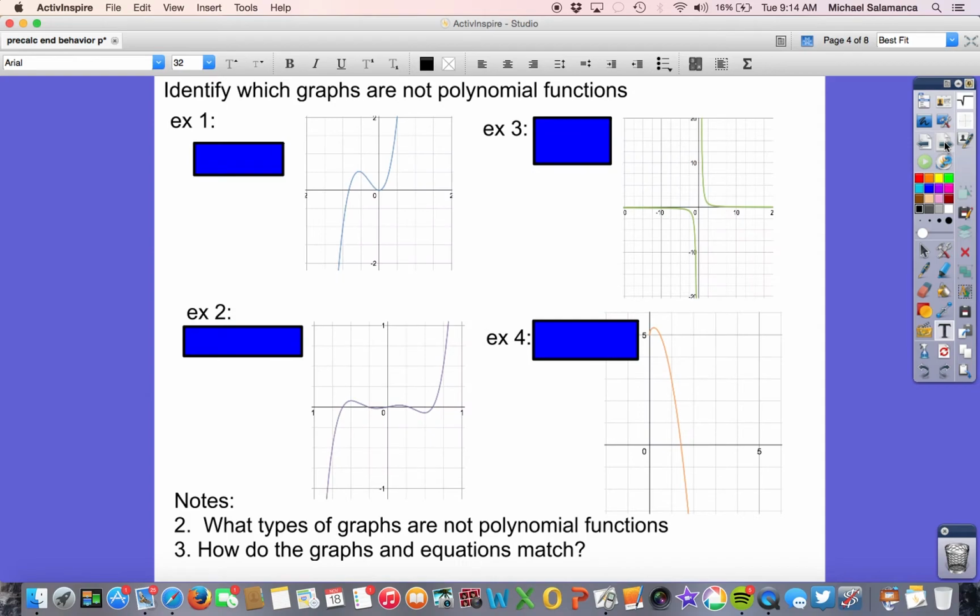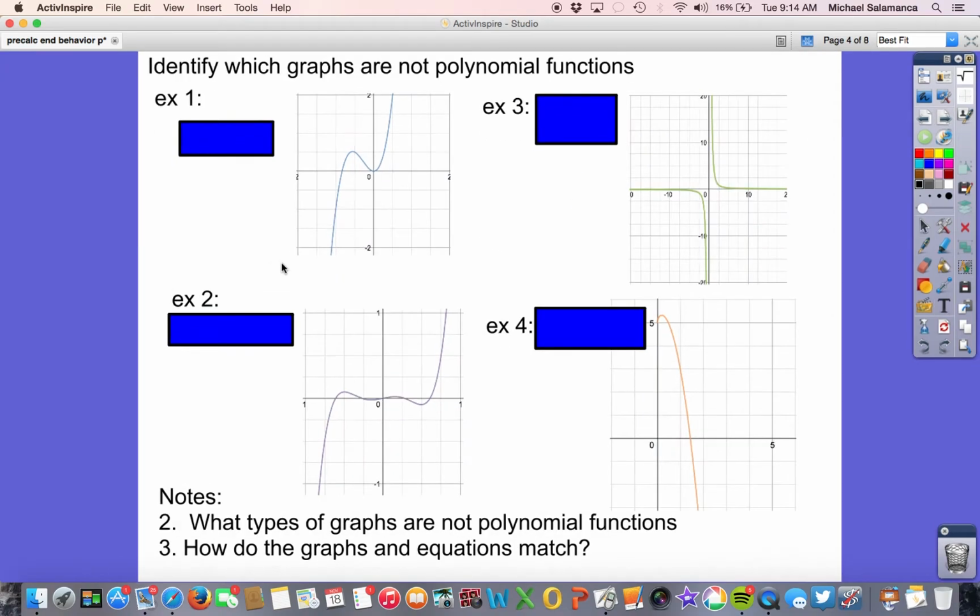So let's look at what those graphs look like. Looking at the graph in example 1, you'll see that this is continuous because it goes on forever, and you'll notice that none of the curves are sharp turns. So this is a polynomial function in example 1. If you look at the graph, it's the same exact example from the previous page.